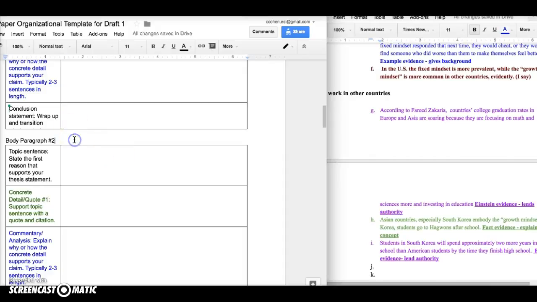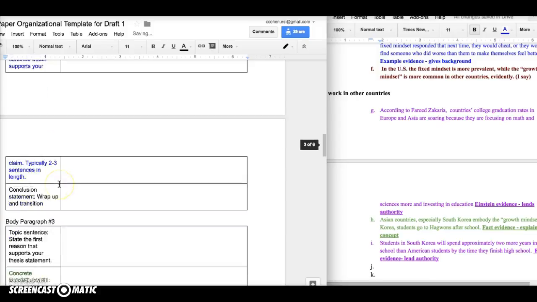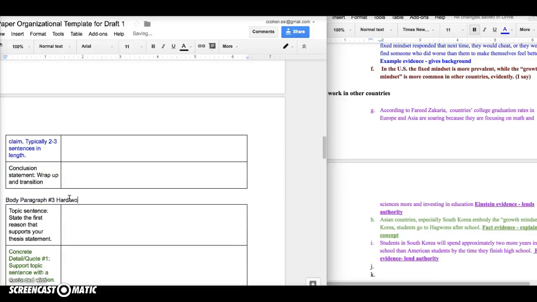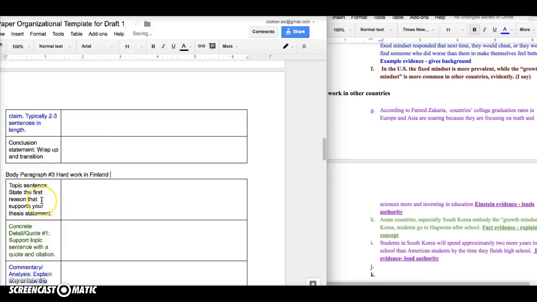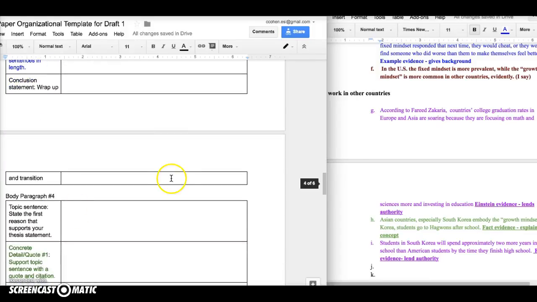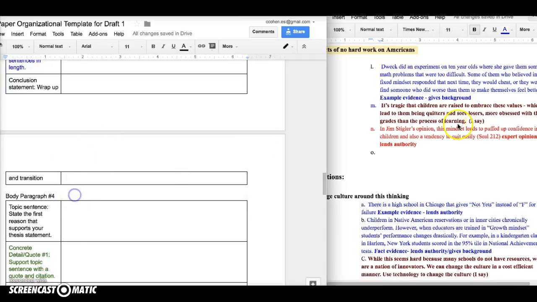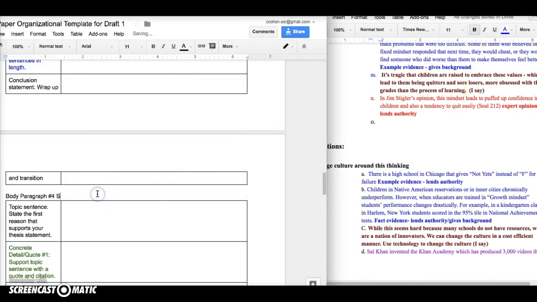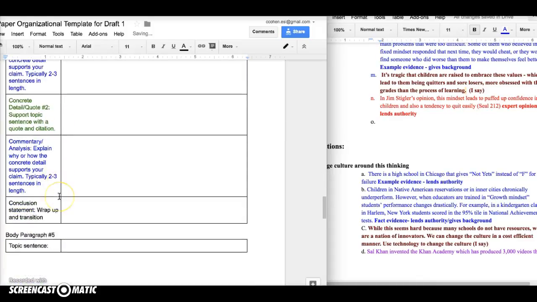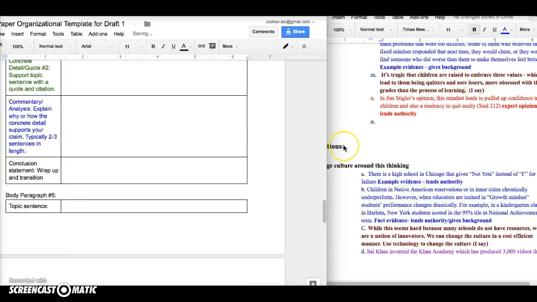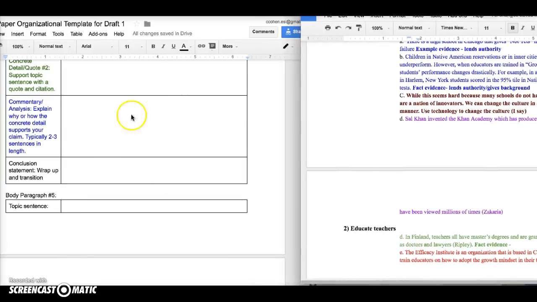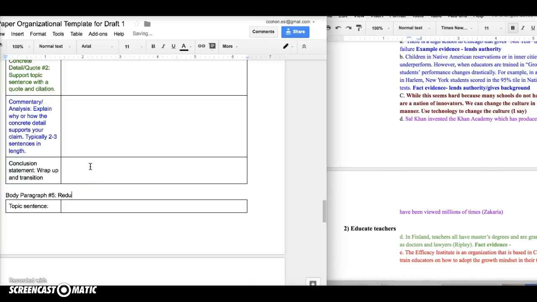So this one will probably be hard work in Asia, body paragraph 3, hard work in Finland. I'm going to keep going down, body paragraph 4. Maybe I'm going to move on to solutions for Americans, right? Changing culture is one solution, and my body paragraph 5 will be re-educating parents and teachers.